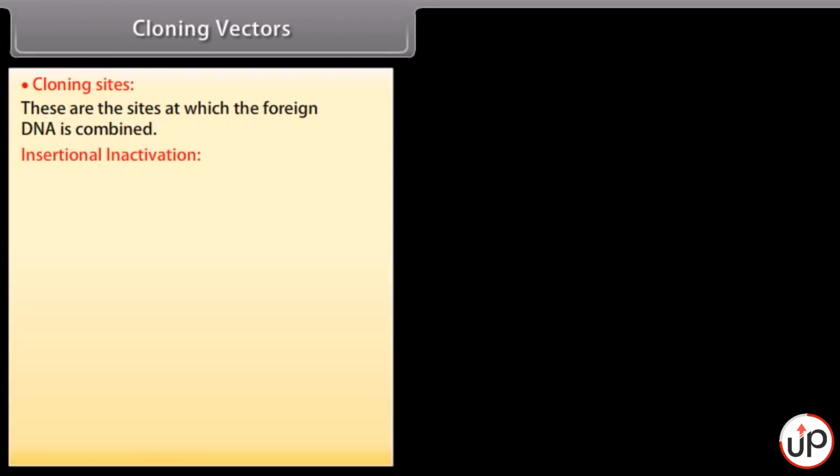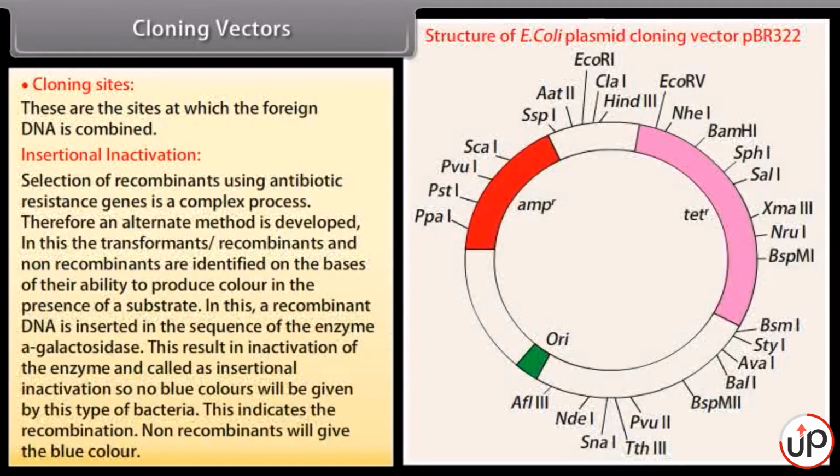Insertional inactivation. Selection of recombinants using antibiotic resistance genes is a complex process. Therefore, an alternate method was developed. In this, the transformants, recombinants and non-recombinants are identified on the basis of their ability to produce color in the presence of a substrate.